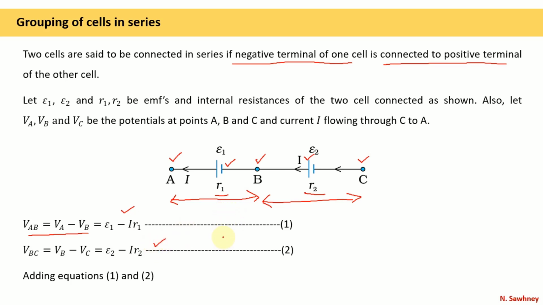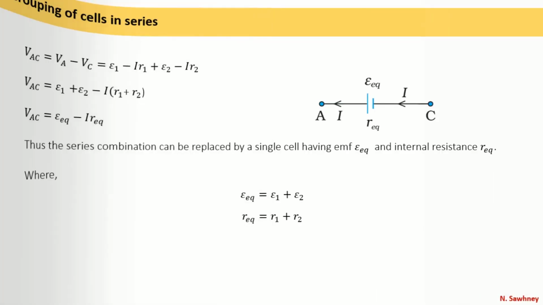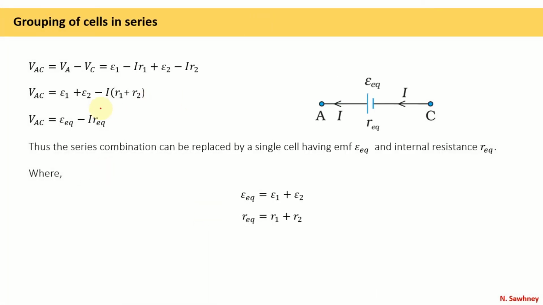Now if we add these two equations, if we see carefully, here VB is positive and here VB is negative. When we add these two equations, these two VB terms will cancel each other, and we are left only with VA minus VC on the left hand side, and on the right hand side all these four terms will appear. Let us see how.